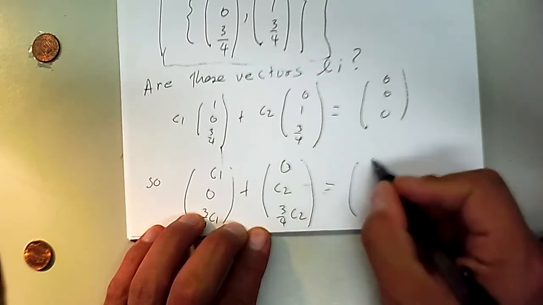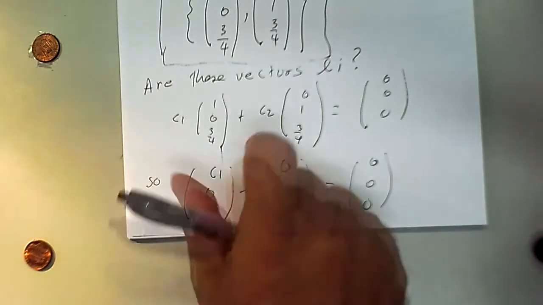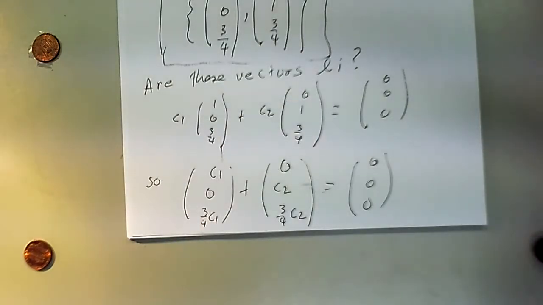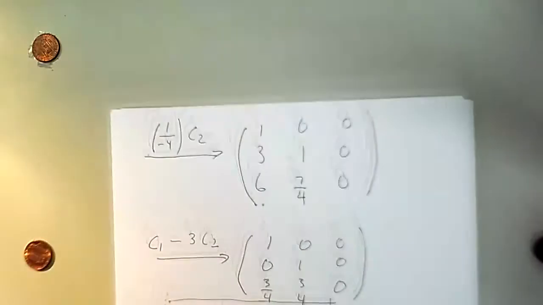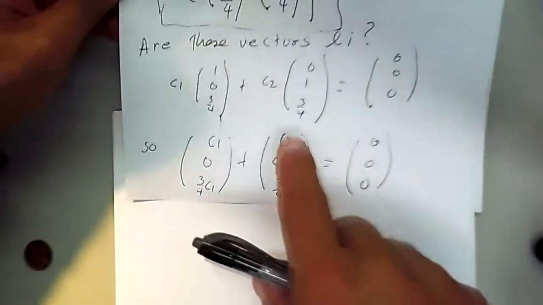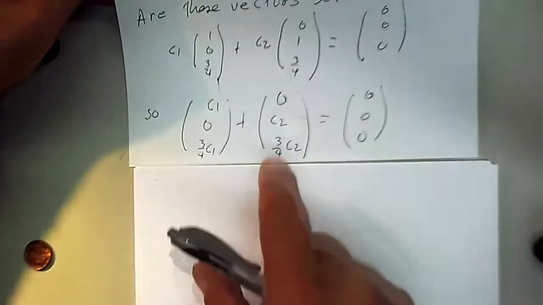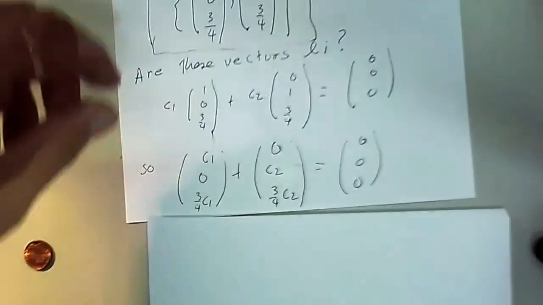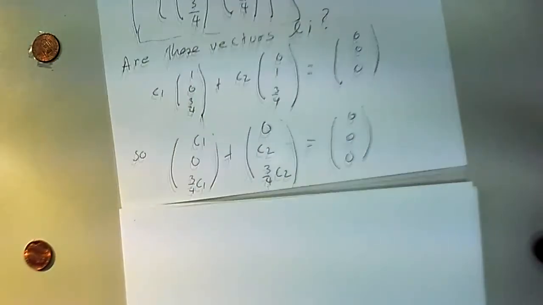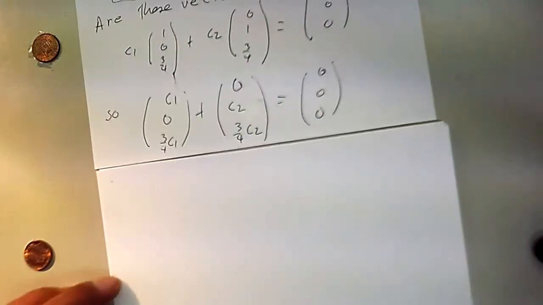And that should still be 0, 0, 0. So we're multiplying through to see the nature of C1 and C2. Now, we don't necessarily have to do this every time. If we did our steps correctly in the column reduction, then we should be okay. But I like to double check just to be sure.